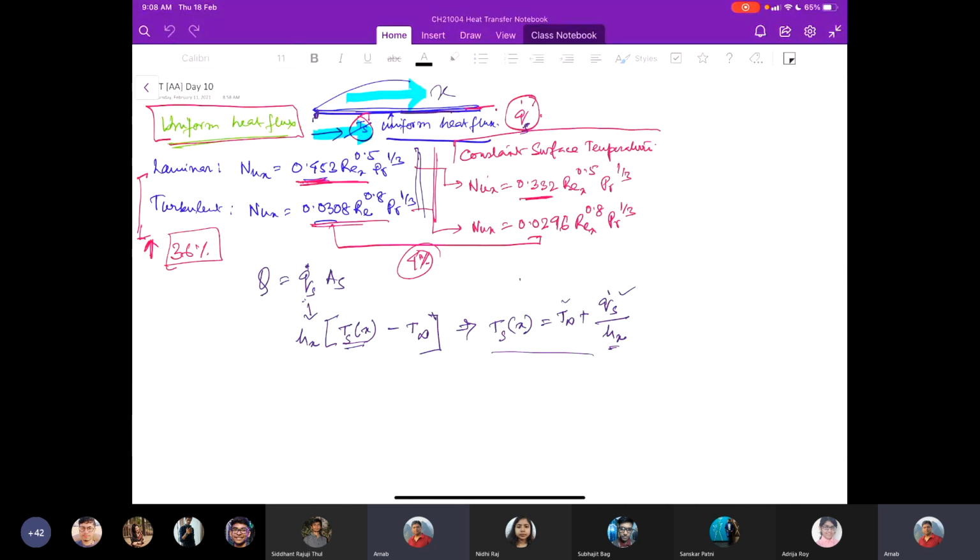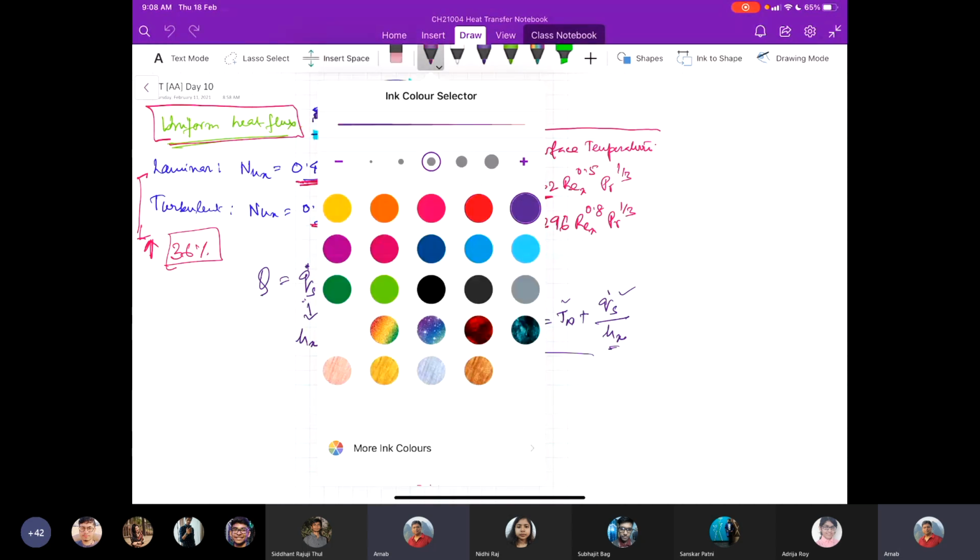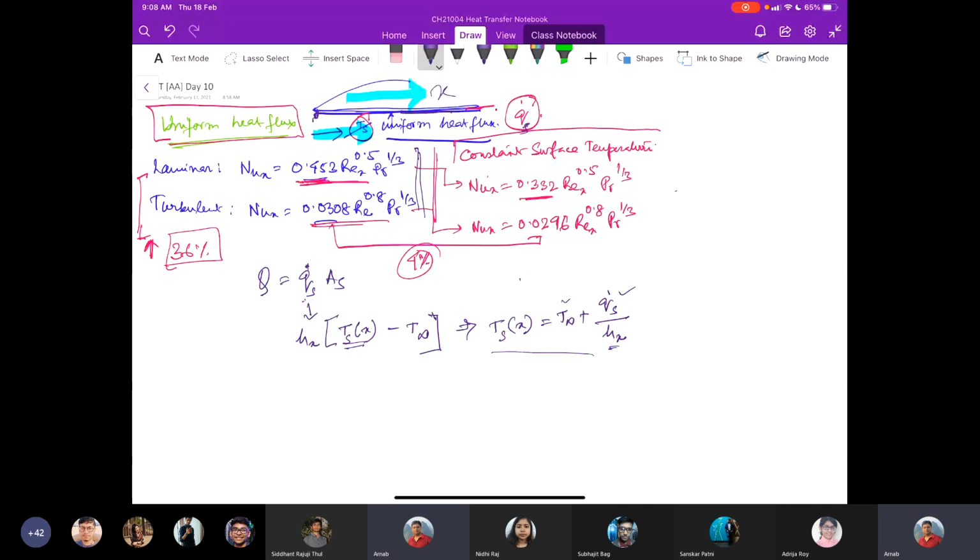These two conditions we came across, and there can be several scenarios where several correlations would be available, and we have to apply them depending on the Reynolds number, be it laminar or the turbulent condition.